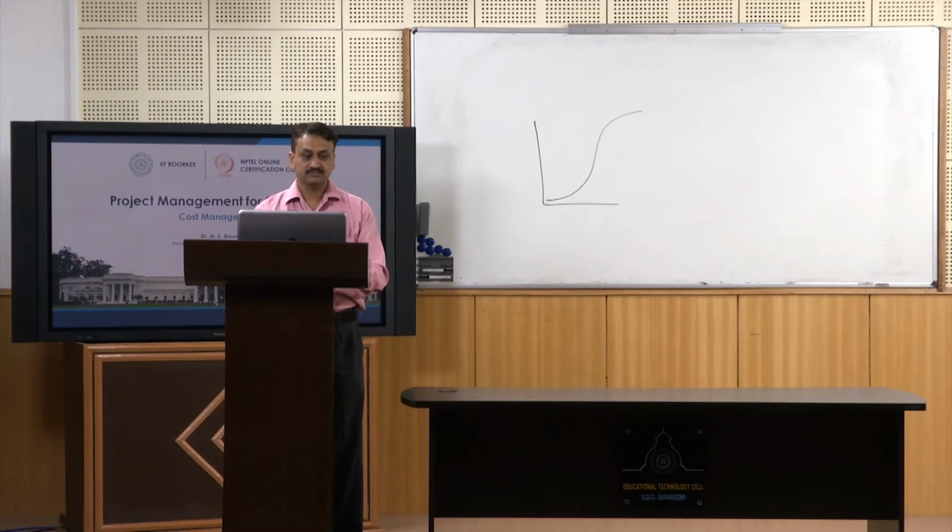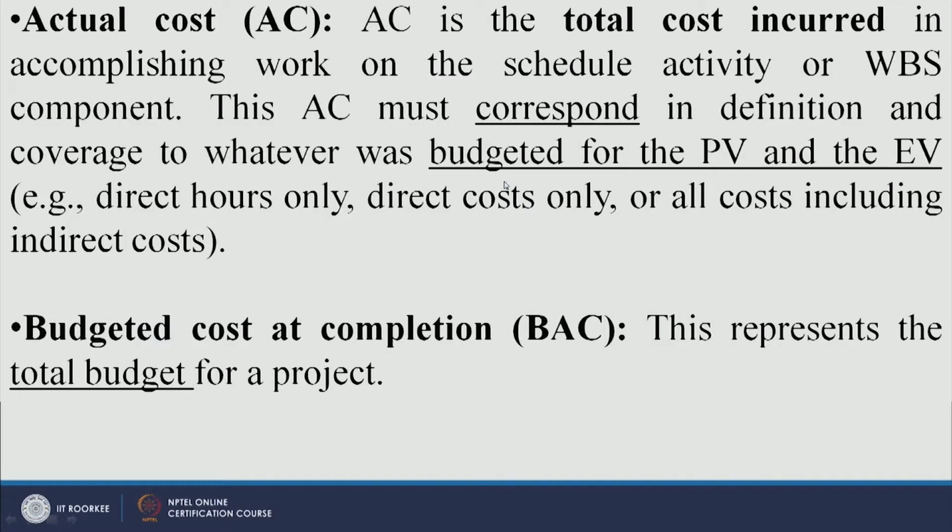Then you have actual cost. Actual cost is the total cost incurred in accomplishing work on the schedule activity or work breakdown structure component. So it is the cost which you have incurred, not at the planning stage. This actual cost must correspond in definition and coverage to whatever was budgeted for planned value and earned value, right.